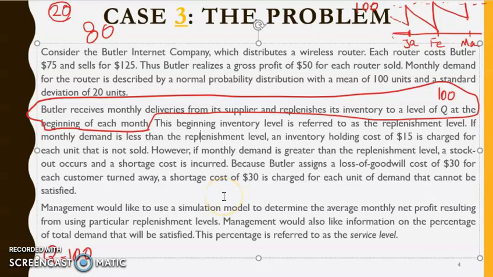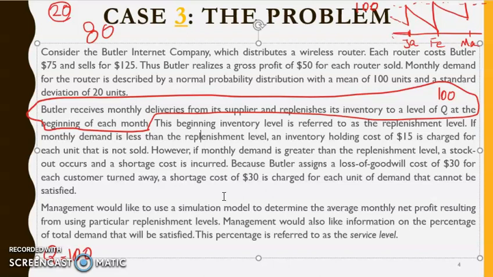So you see, it is some sort of a delicate decision that you need to make, balancing between the inventory cost and shortage cost.